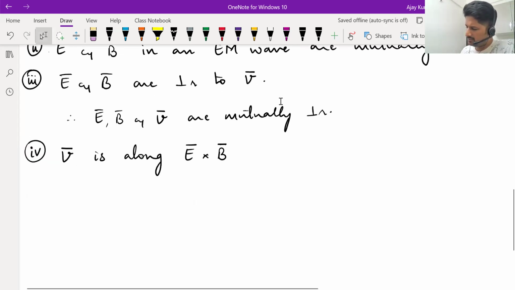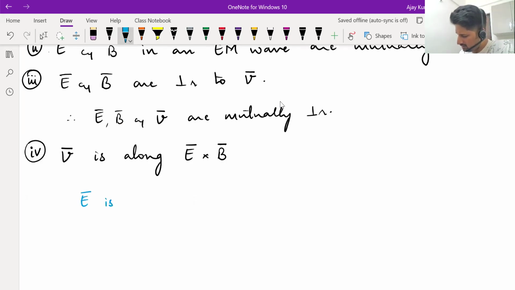Let's discuss one small problem based on this. Suppose electric field is towards north. Electric field in an electromagnetic wave is towards north, and the magnetic field is towards west. North and west are perpendicular to each other, so that's fine. If electric field is towards north and magnetic field is towards west, what is the direction of propagation of the EM wave?